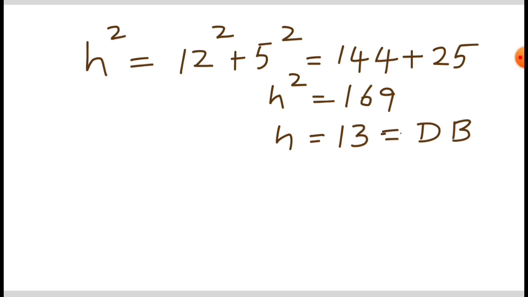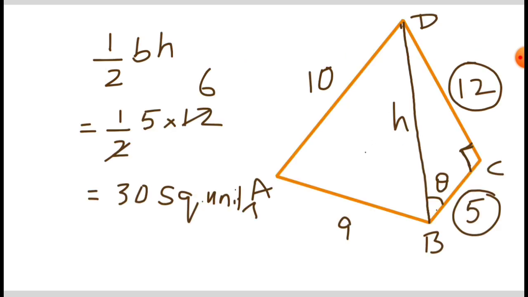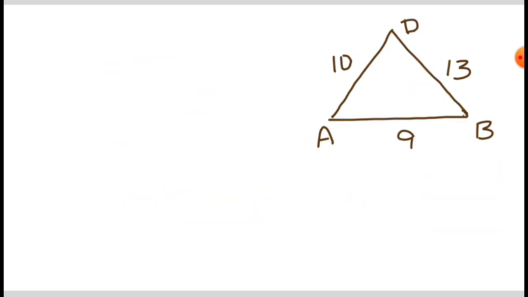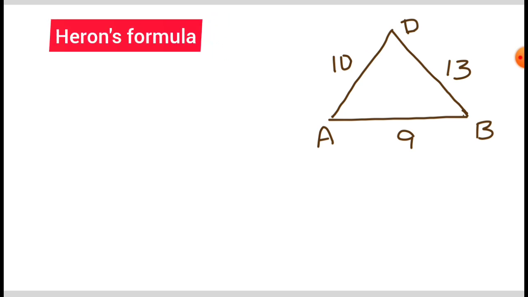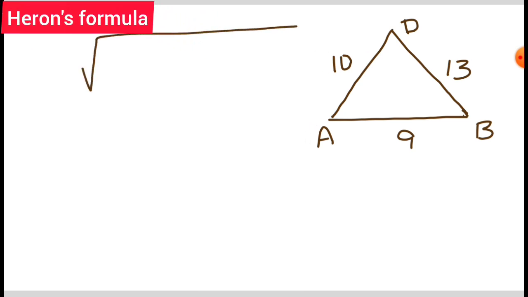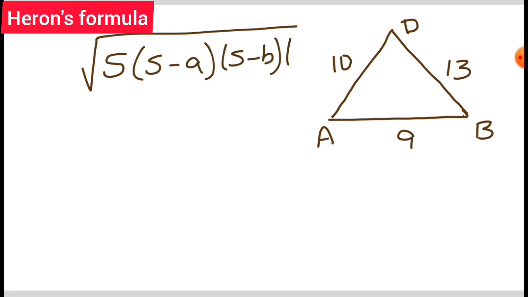To find the area of the ADB, here this is not a right angle triangle. We know only sides. So using these sides, we are going to find the area of the triangle. How can you find? If you know all the sides, you can use Heron's formula, that is square root of s times s minus a times s minus b times s minus c.